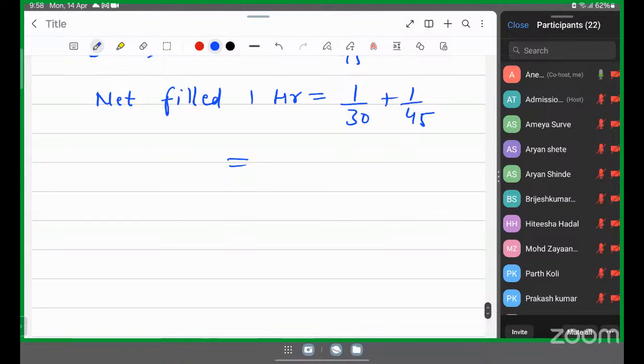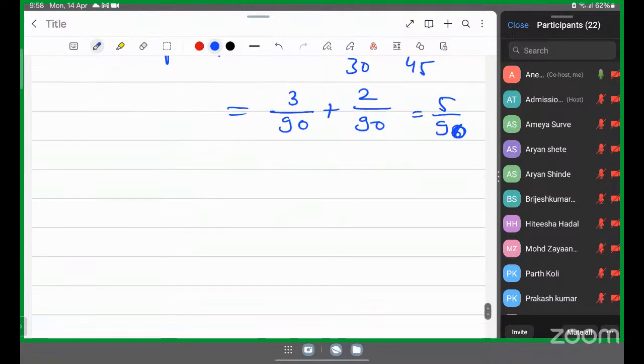If we solve it, let me write it as multiply and divided by 3. So this will be 3 by 90 plus 2 by 90, and overall will be 5 by 90. That is 1 by 18.